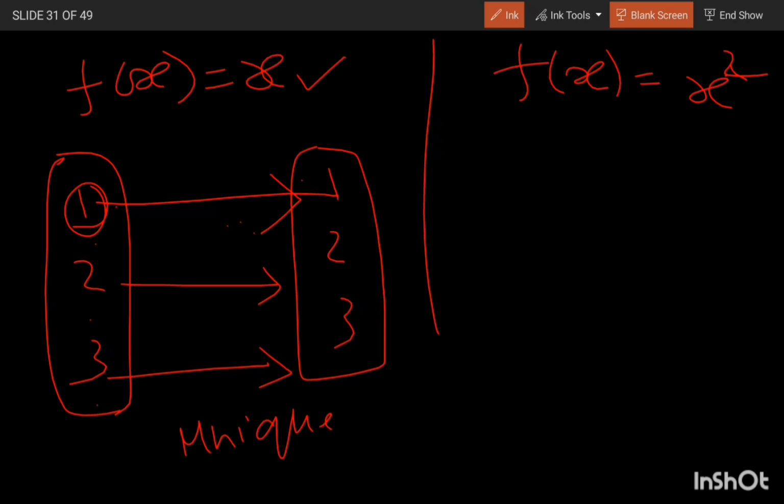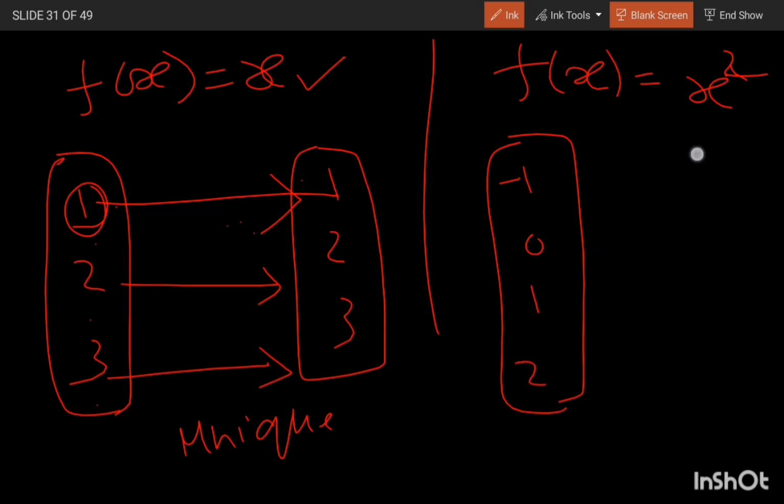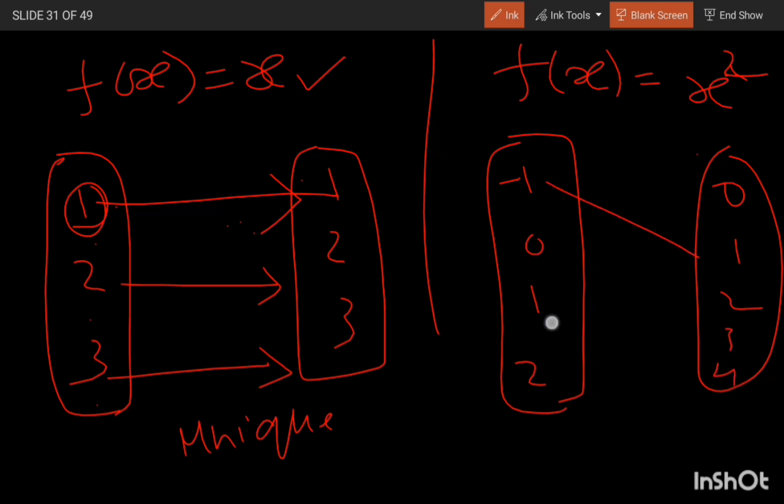Whereas coming to the second example, now let us consider minus 1, 0, 1, 2 and here 0, 1, 2, 3, 4. Here both minus 1 and 1 are mapped to 1. According to the definition, this is not possible for an injective function.